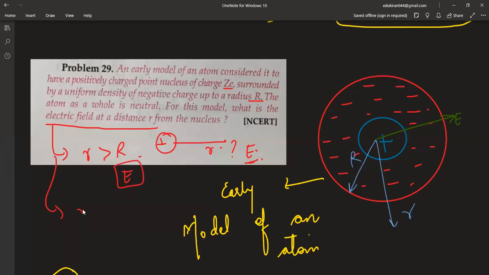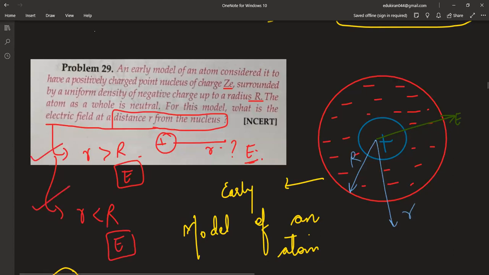The second condition is where it is less than capital R, where you calculate the electric field. In this question, it is vague. It is just saying from the nucleus. From the nucleus could be the first case, it could be the second case. So in such a case, what will you do if it comes in your exam? You will mention both the parts.